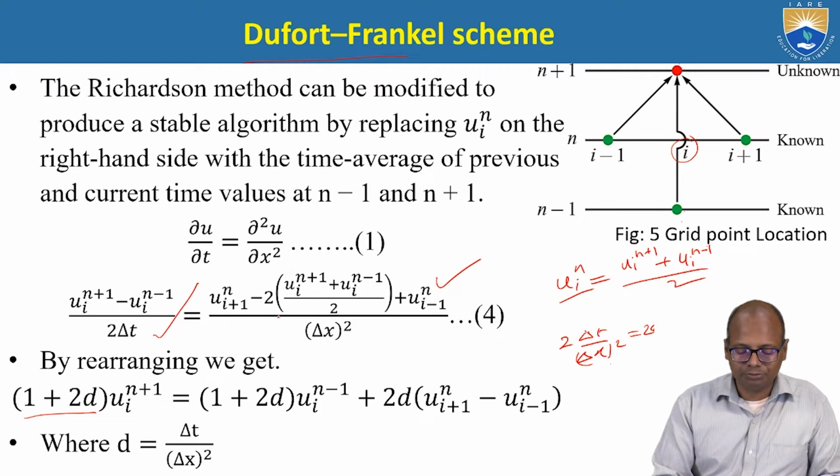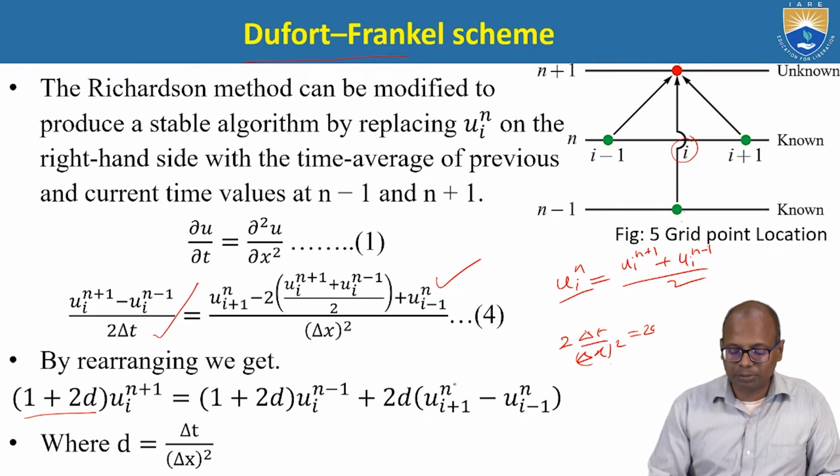And similarly, u_(i+1)^n is as it is, and u_(i-1)^n also is as it is, and it is multiplied with 2D, because delta t and delta x square are there. So I will get 2D here.